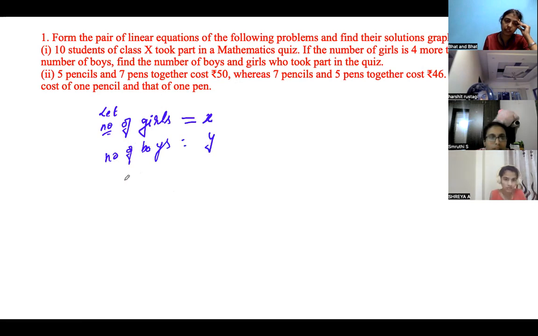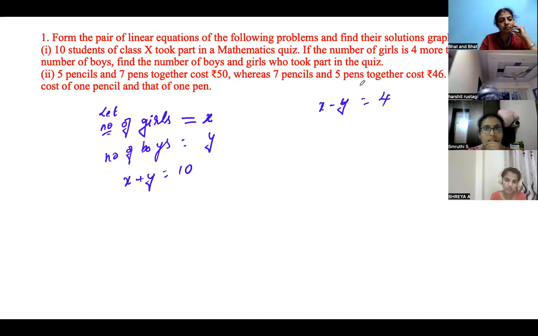Then if you add both of them, it is 10. If you subtract them, then it will become 4, correct? Because the number of girls is 4 more than the number of boys.